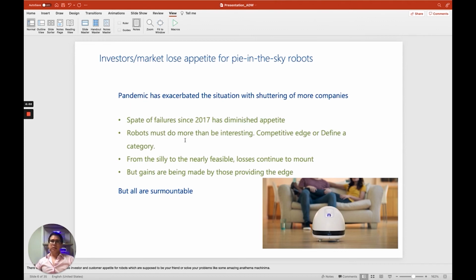From the silly to the nearly feasible, losses with many of these companies continue to mount. However, in contrast, gains are being made by those that provide the edge, as mentioned above. A belief that technology in and of itself is a sustainable, viable investment is misguided.